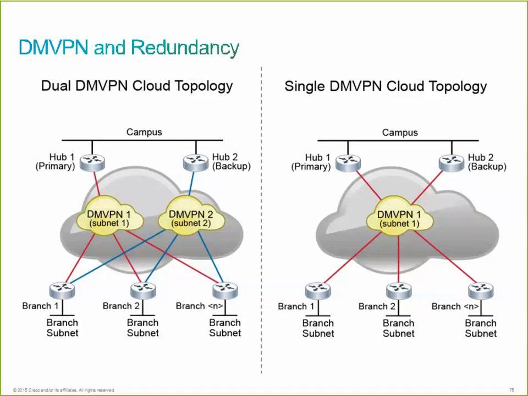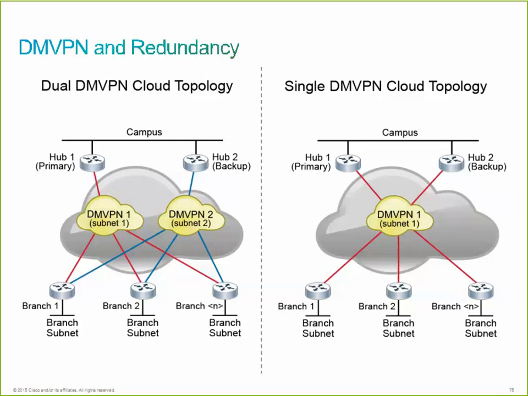In general, a single DMVPN cloud is really the best, especially if you're doing dynamic spoke-to-spoke tunnel configurations, because the spoke-to-spoke tunnels can actually be built only within a single DMVPN cloud. We can't actually pass spoke-to-spoke communication across DMVPN clouds.